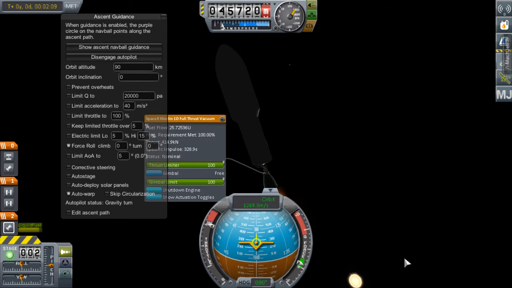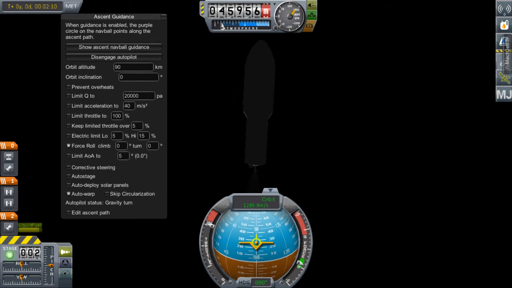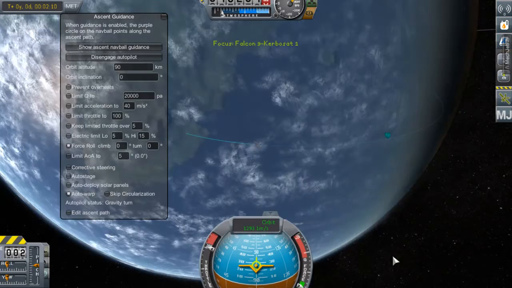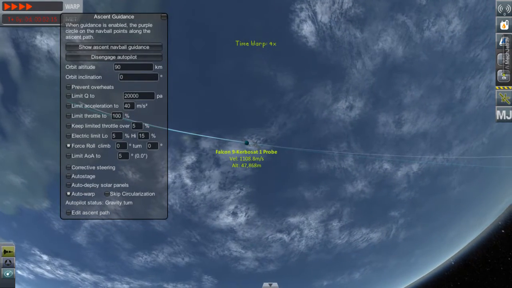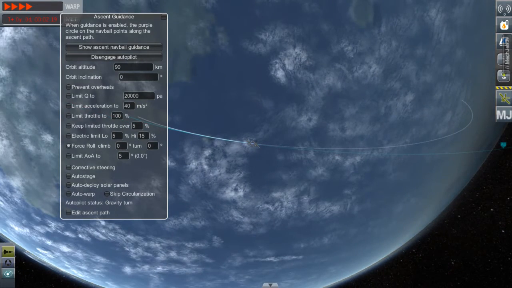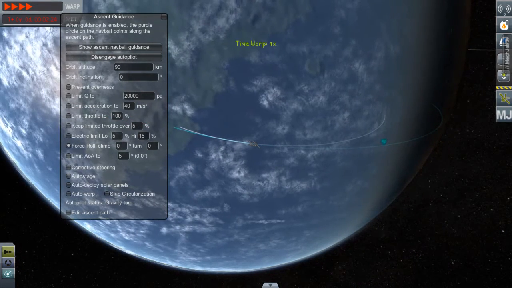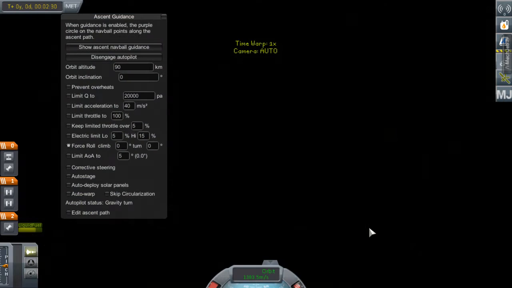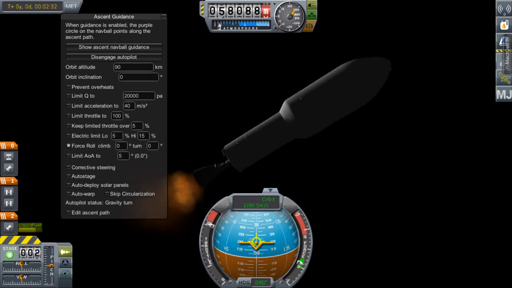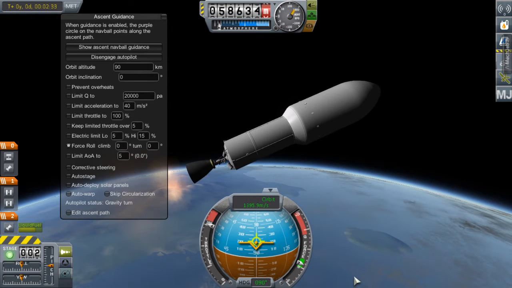MVAC engine burning 25 units of fuel per second. First stage continuing on a ballistic trajectory. Stage 2 engine burn nominal.